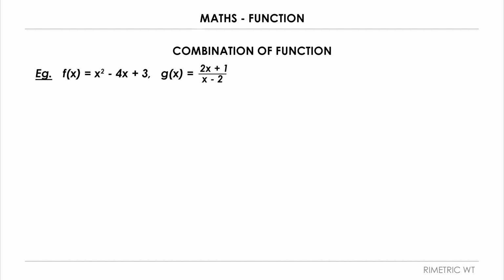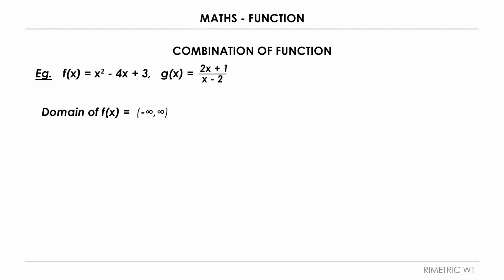Let's see another example. Here, our f of x is x squared minus 4x plus 3, and g of x is (2x plus 1) over (x minus 2). Now, before we do the combination of functions, let's look at the domain of both functions. The domain of a quadratic function is always the set of real numbers.